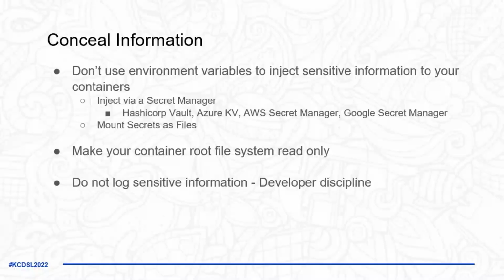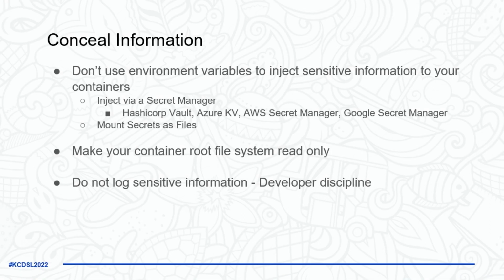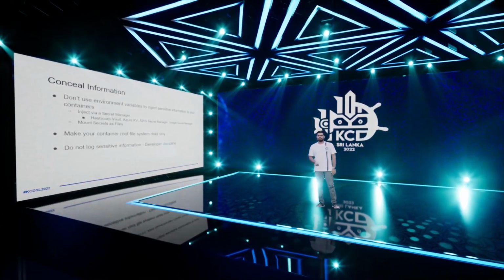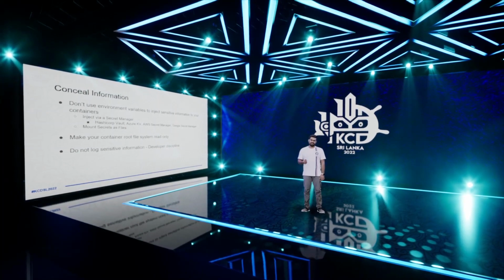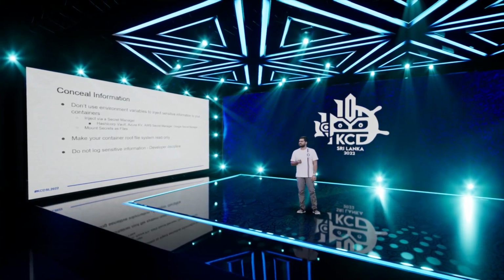So use HashiCorp Vault or Azure Key Vault, AWS Secrets Manager, Google. There are so many secret managers out there. Use one of them and then inject your sensitive information as files to the container at runtime. You can very easily do that with those technologies. And I already told you, make your container root file system read-only, and this is a developer discipline. Do not log sensitive information.